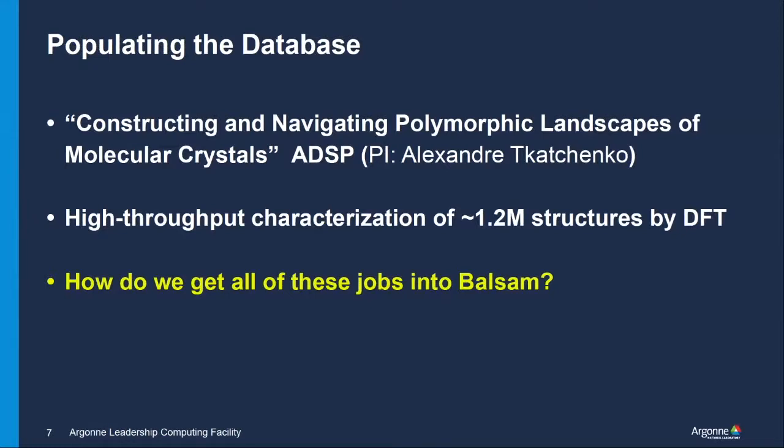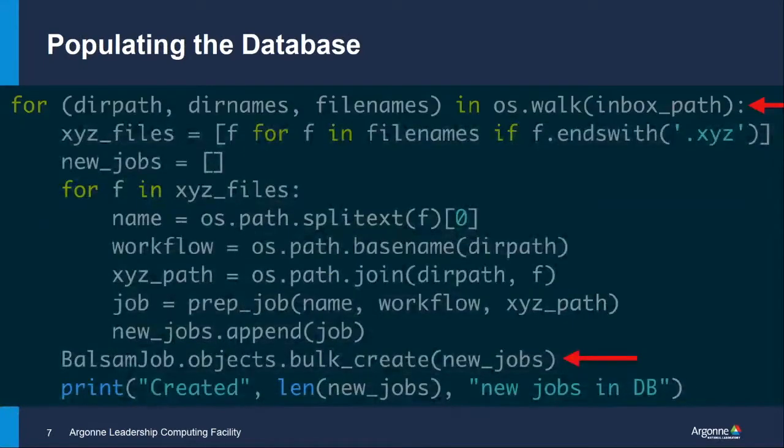So I think this is a good illustration of a really common motif of how do you get all the work into Balsam. And probably the easiest way to populate the database is using this API. So it's very easy to use existing tools in Python. For instance, in this case, we're crawling some directory of input files, finding matching ones.